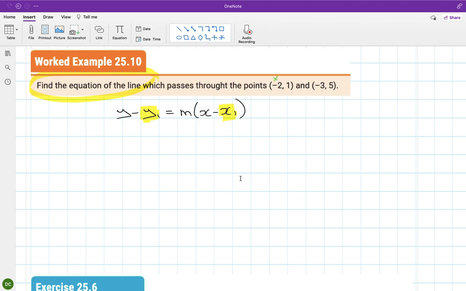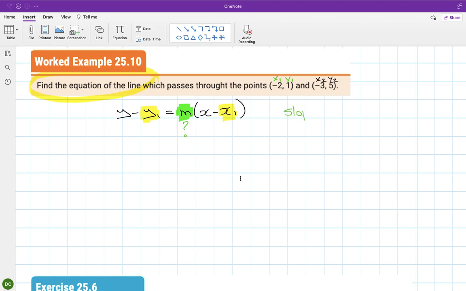There's x1 and y1. And I also need a slope. Now I don't have a slope. It doesn't say anything about slope in that question. However, what they have given me is a second point, an x2 and a y2. To be able to do this, I really need a slope.